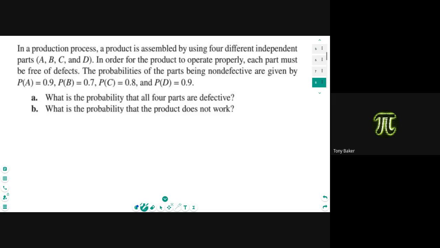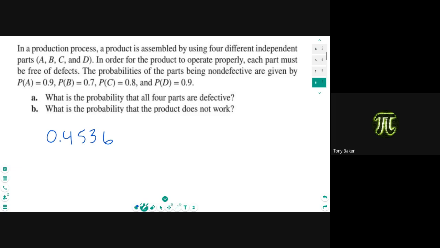All right, so what do we got? 0.4536. Okay. Is that what everybody got? Did anybody get something else? Yes.